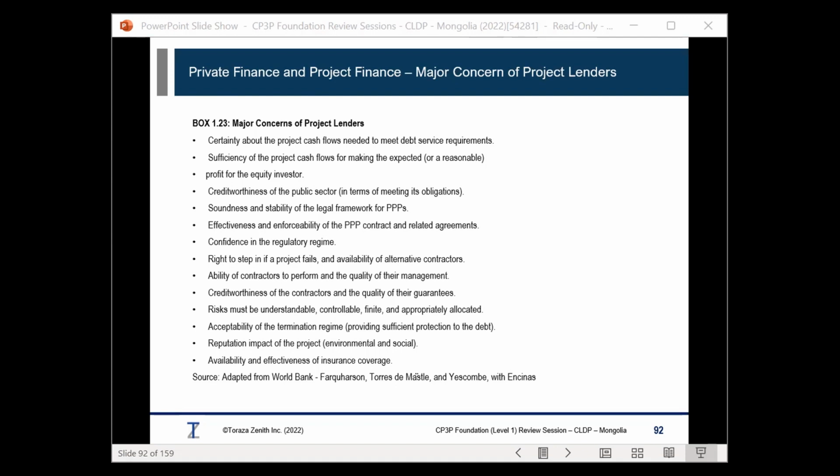Some of them relate to the public sector. Some of them relate to the market. Some of them relate to the project itself.